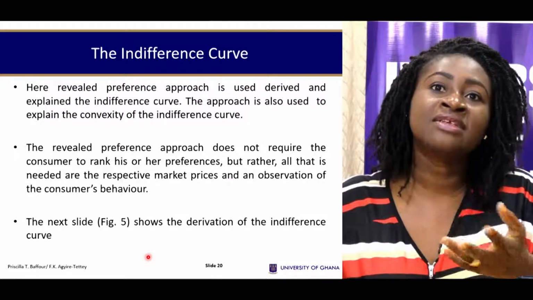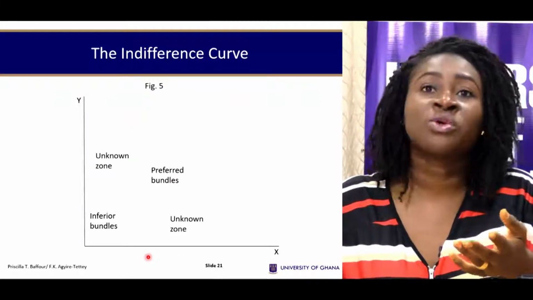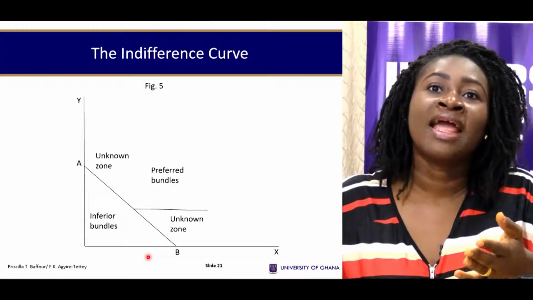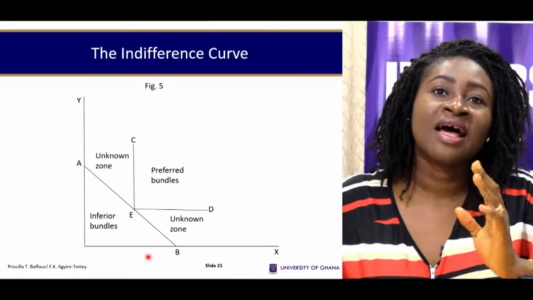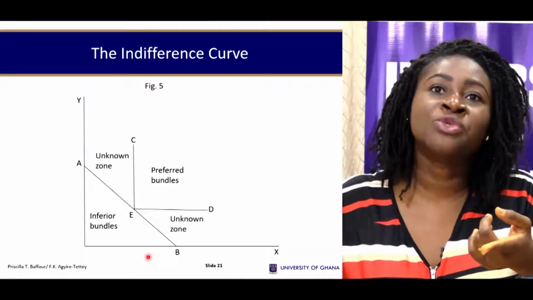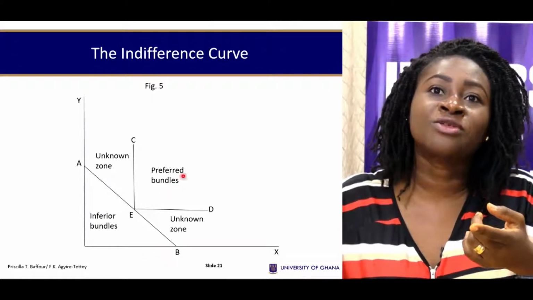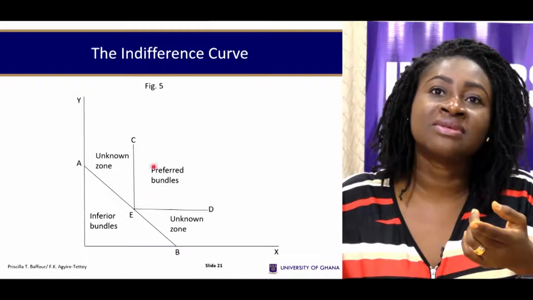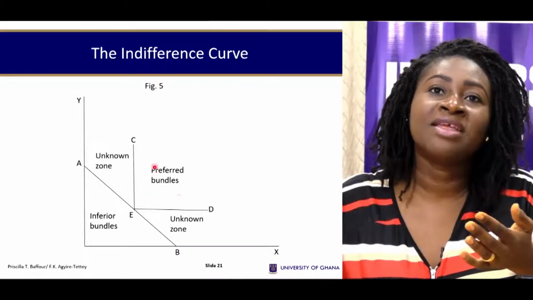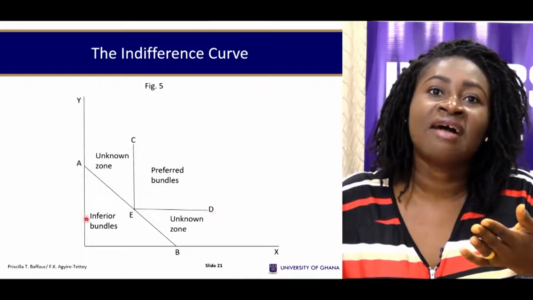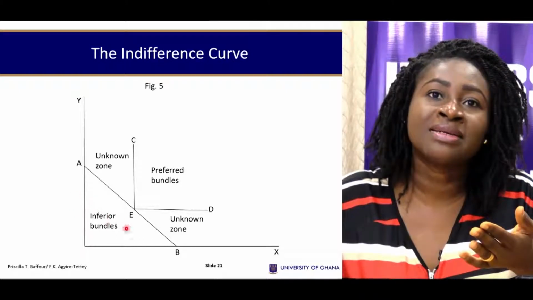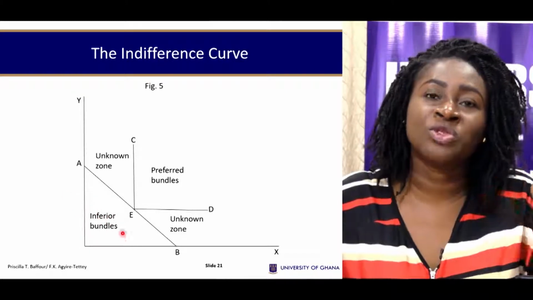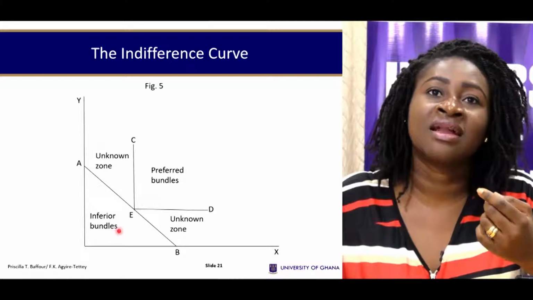In terms of the indifference curve, the concept is also quite similar, where the revealed preference diagrams are used to indicate preferred zones. A preferred bundle will give a miniature indifference curve. We have inferior bundles, which are bundles within the opportunity set we discussed under the ordinal approach.